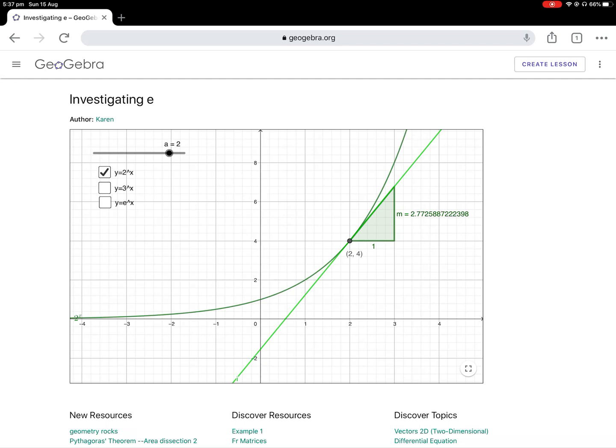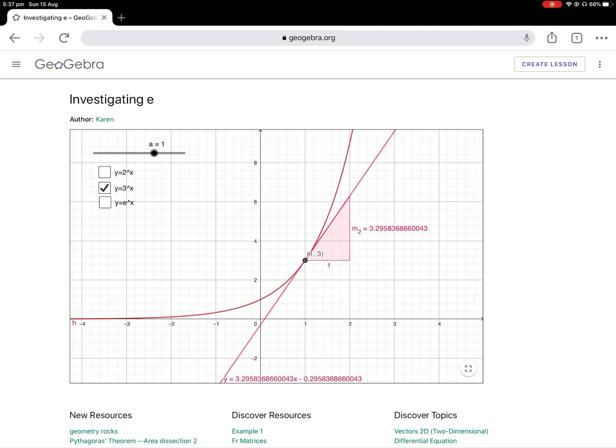But just quickly, if we have a look at these values, the y value over here is 4, and the gradient is 2.77. If I have a look here, the y value is 2, the gradient is 1.38. So you can see the gradient number is always smaller than whatever the y value is.